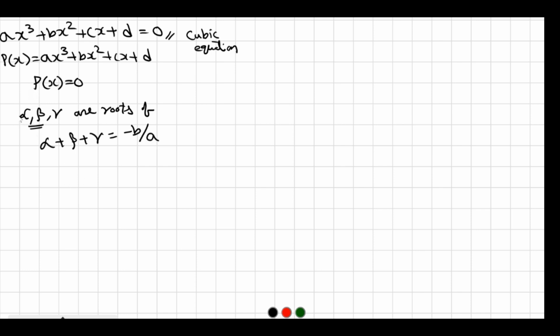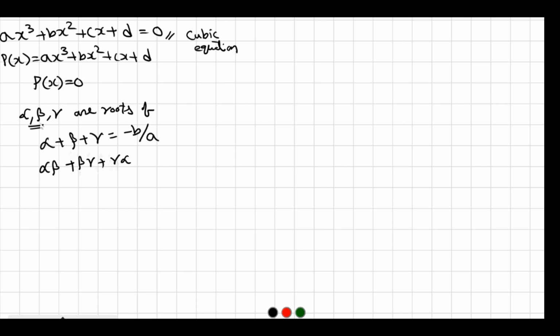you need to multiply this way: alpha into beta, alpha into gamma, then beta into gamma. Alpha into beta plus beta into gamma plus gamma into alpha.